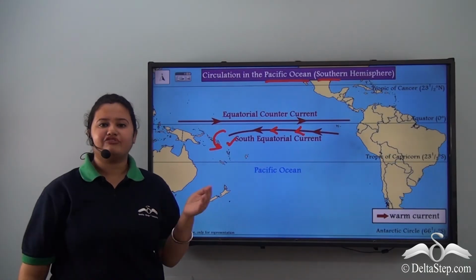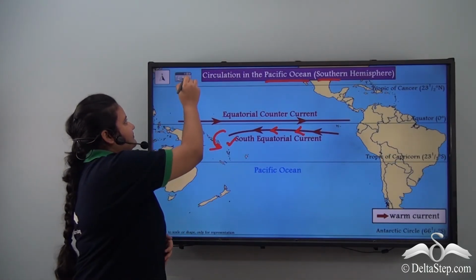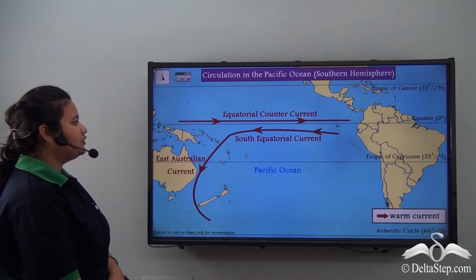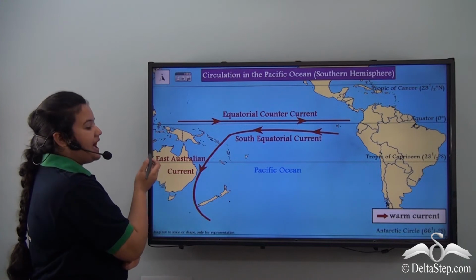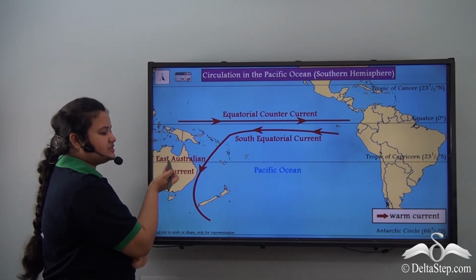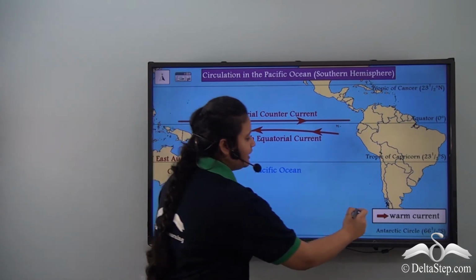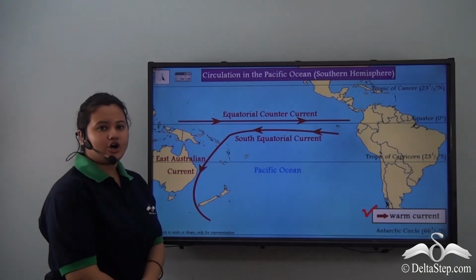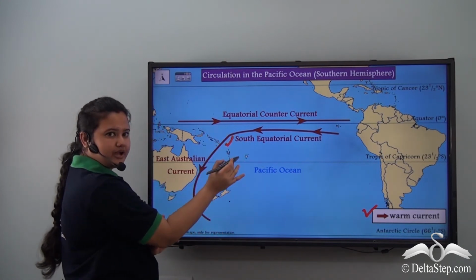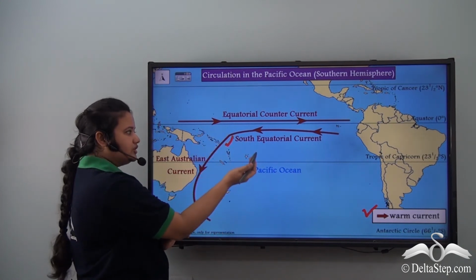What happens after deflection? After deflection, the current flows towards Australia and it is known as the East Australian current. East Australian current is again a warm current because it originates from South Equatorial current, which is a warm current as it originates from the torrid zone.